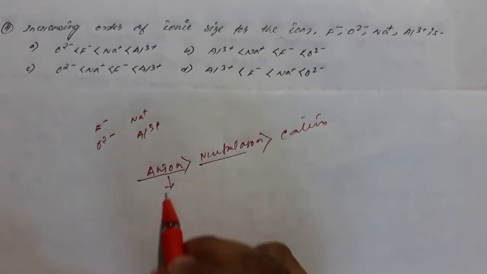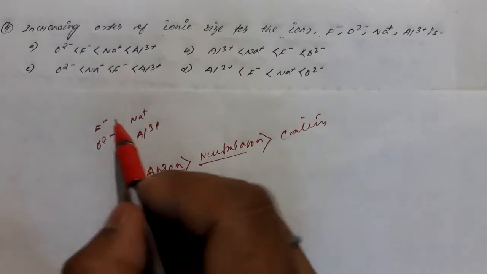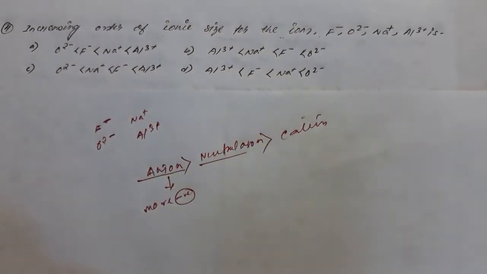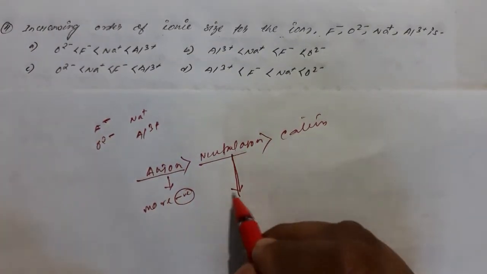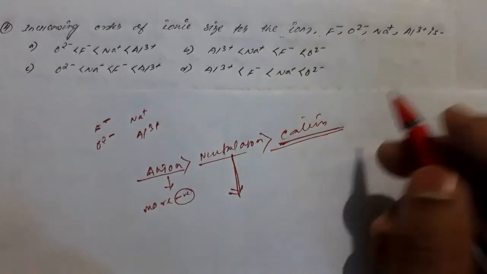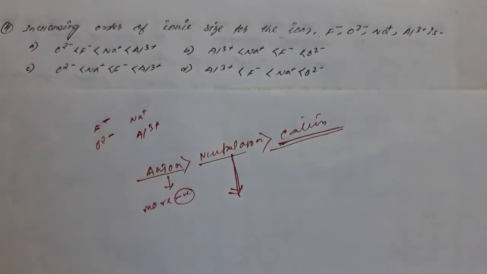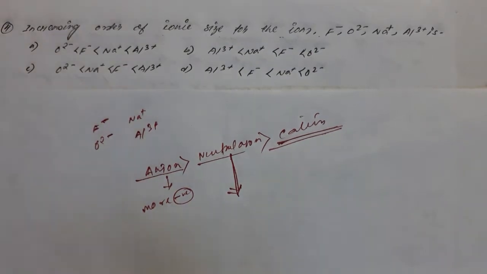Now the logic is that the more negative the charge, the larger the size will be. The neutral atom is intermediate between them, and regarding cations, the more positive the charge, the smaller the size or radius of the atom.